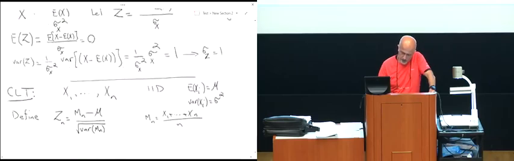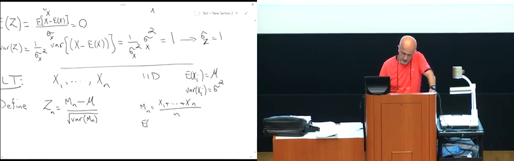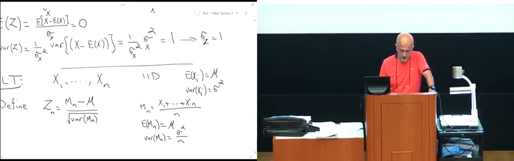What was the mean of the sample mean, if all of these xi's are identically distributed? Mu. You said it's unbiased. And the variance of Mn is sigma squared over n. We determined these before.